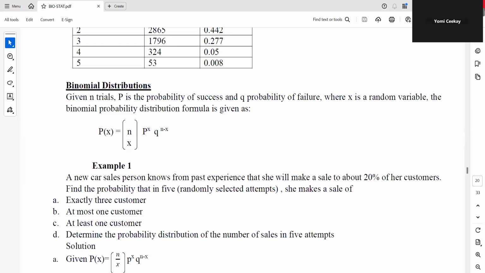Binomial distribution is given n trials. P is the probability of success and Q is the probability of failure.